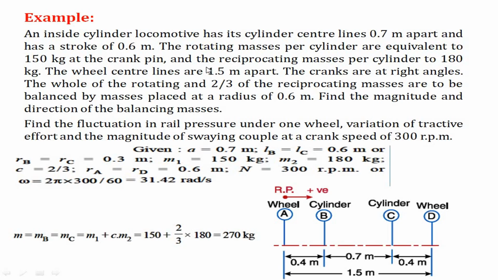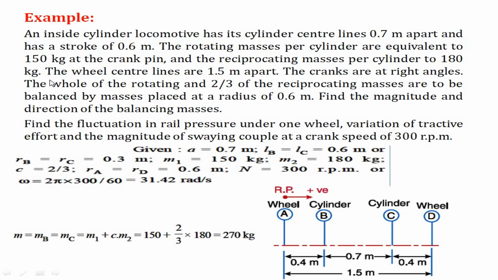By using these dimensions, first of all we are going to locate the different planes: two planes for the wheels on the extreme left and extreme right, and two cylinders at plane B and plane C. The important thing is that the whole of the rotating and 2/3 of the reciprocating masses are to be balanced by masses placed at a radius of 0.6.